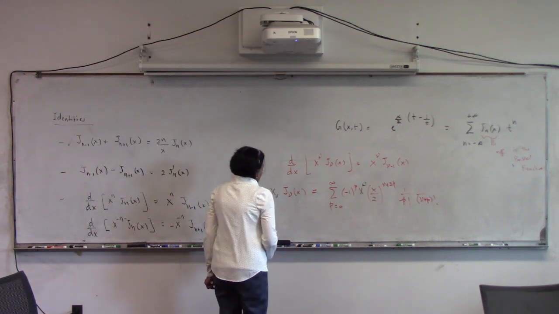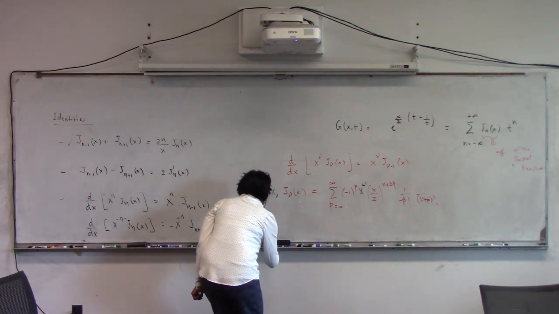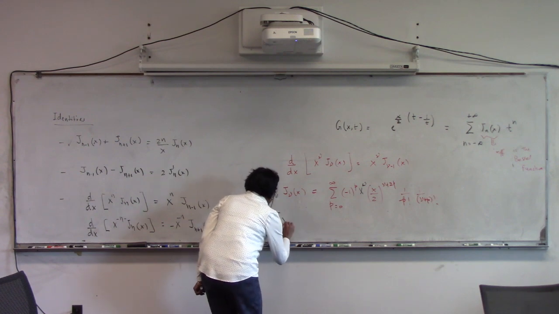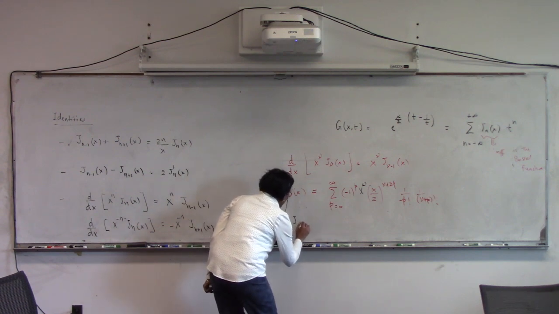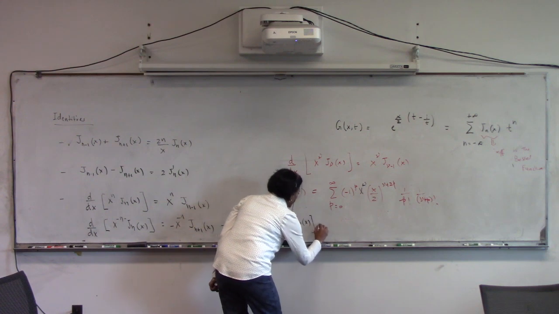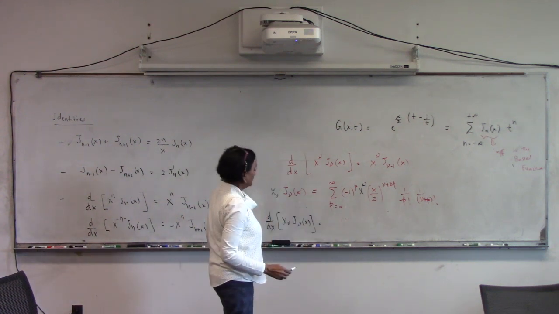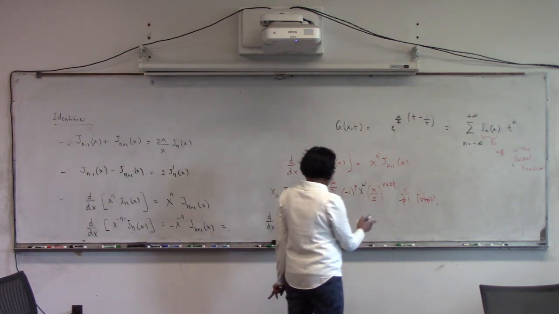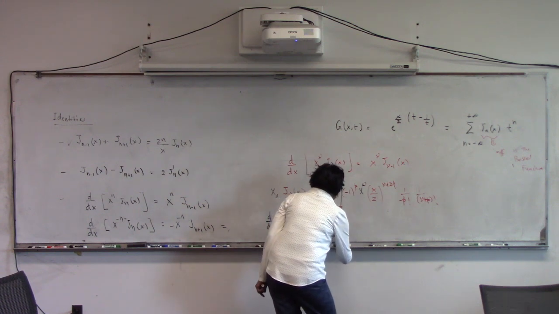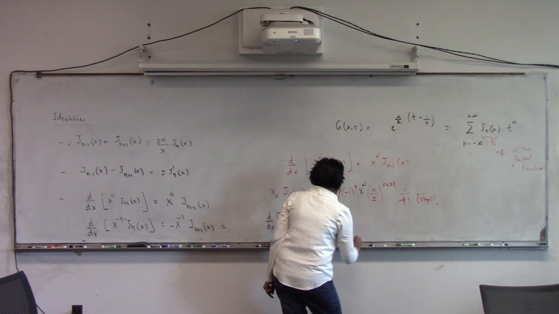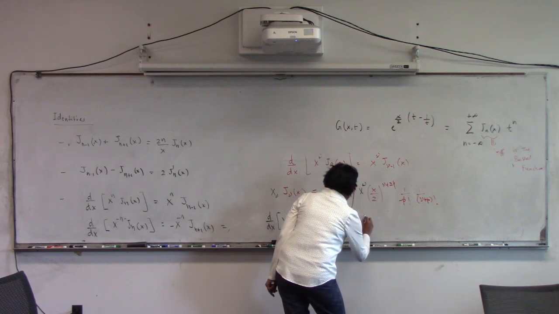All right. So I have to take d over dx of x to the nu j nu x. What is that? Minus 1 to the power of p.